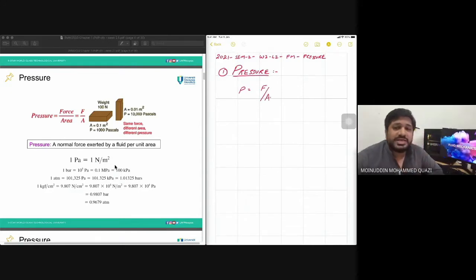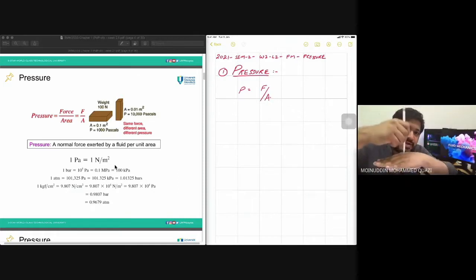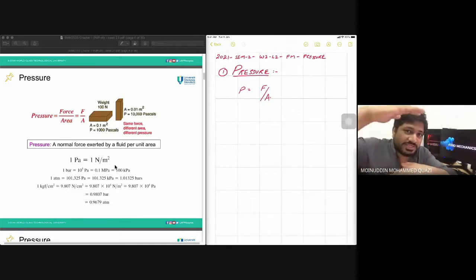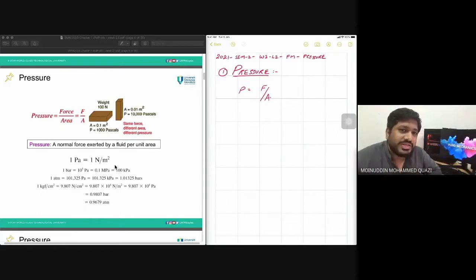In fluid mechanics, the pressure is fluid pressure per unit area, whereas in solid mechanics it is called normal stress, the stress acting perpendicular to the surface. In fluid mechanics, the whole fluid is acting on the surface, so people usually denote it simply as pressure. There is no need to call it fluid pressure.